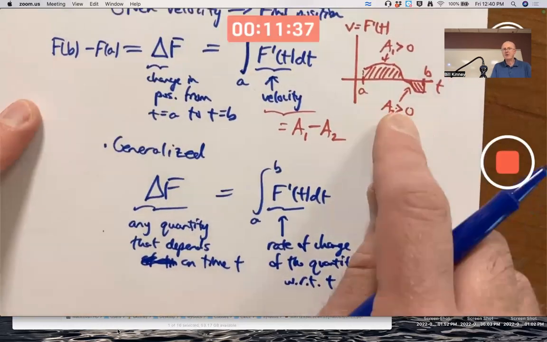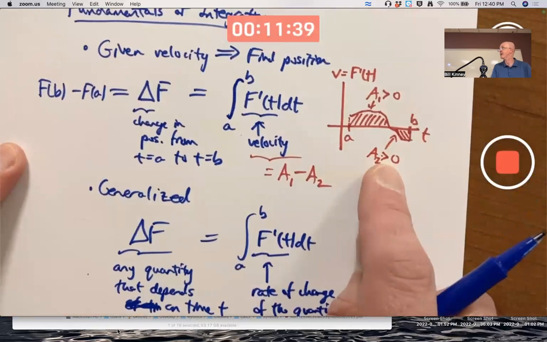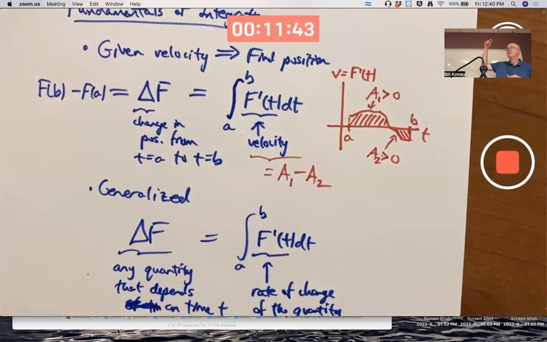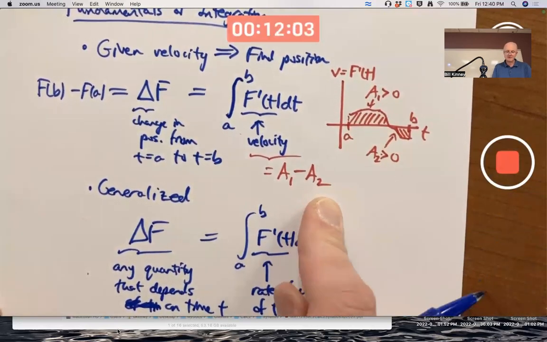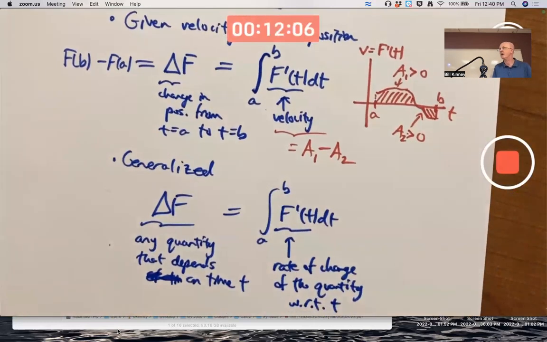If this graph were the graph not of the velocity, but of the flow rate, when it's positive, that means water's flowing into the tank faster than it's flowing out, or maybe it's only flowing in from the top. And when it's negative, it's draining out faster than it's flowing in, or maybe it's only draining out. Once again, the integral, the difference of these two areas, gives you the change, in this case, of the volume.